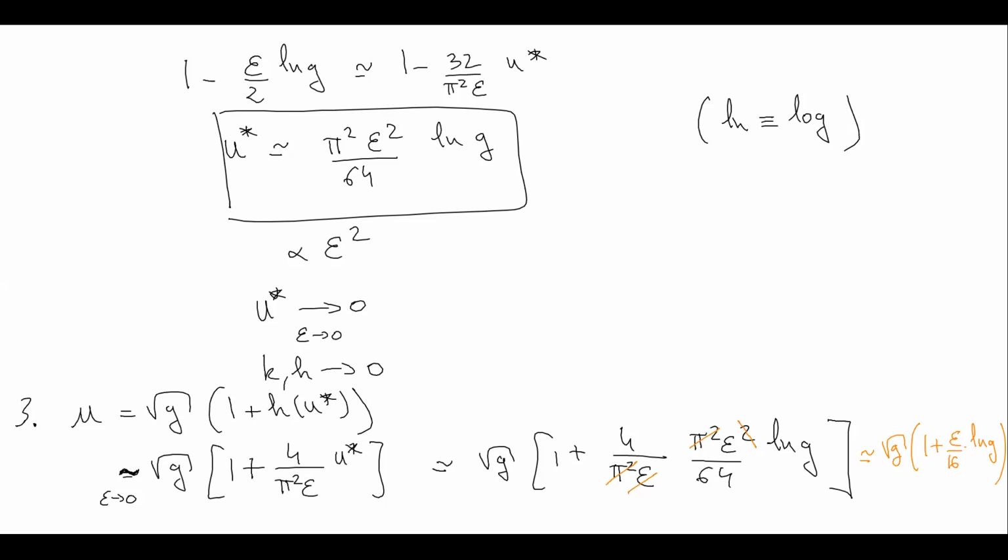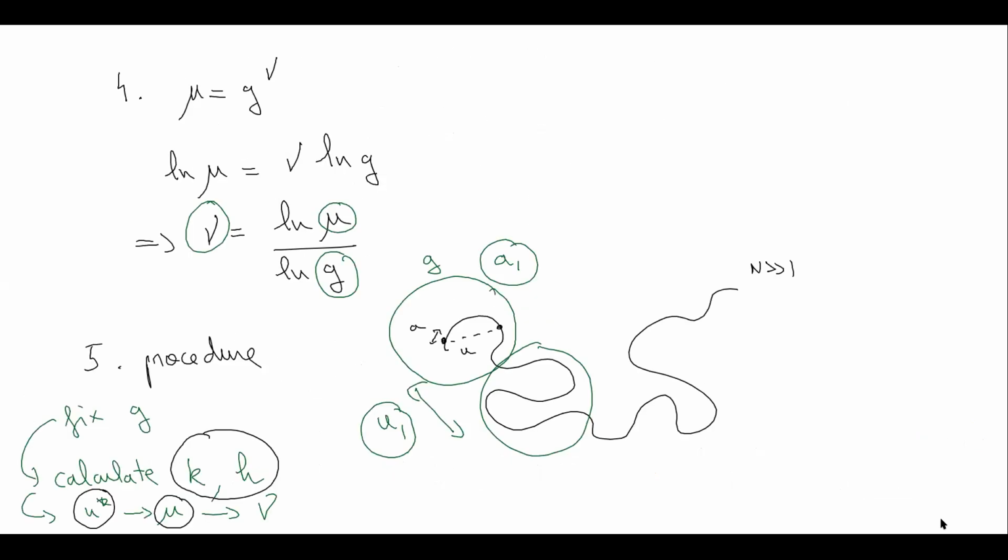Great. Okay, so we have mu. And finally, in the process we are discussing, when we have mu, we end up with nu using this expression. Nu is equal to log of mu over log g.